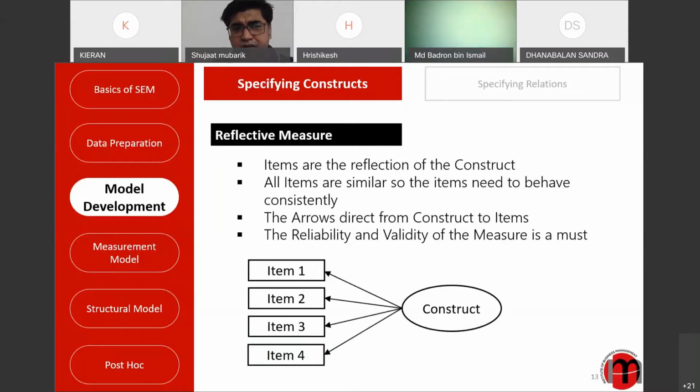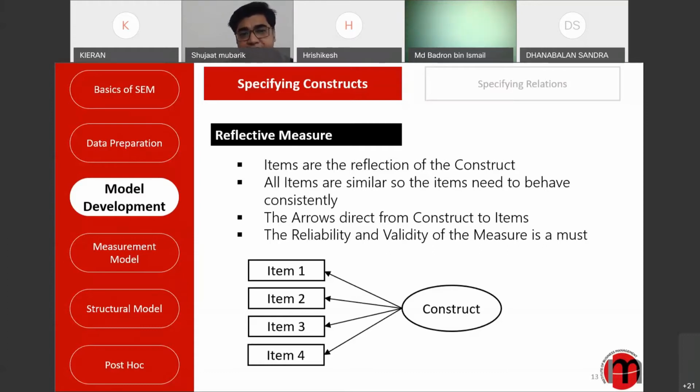It's important to know the difference between reflective and formative constructs, because a lot of the time we use them but do not know whether a construct is formative or reflective. In a reflective construct, the assumption is that the items or questions are reflecting, or representing, the major construct, and if an item is not reflecting the major construct, that item could be deleted. So the basic thing is to what extent an item is reflecting the main construct. That is the reflective construct.